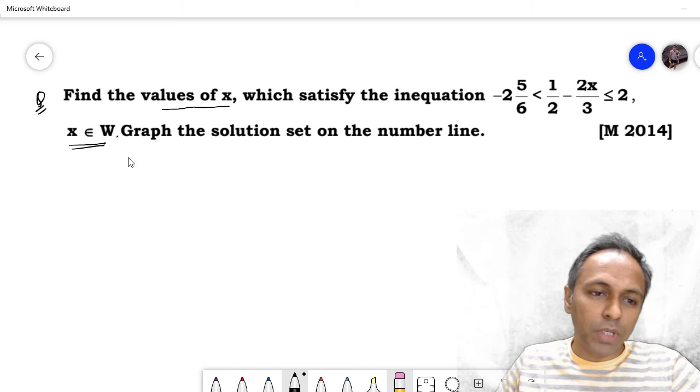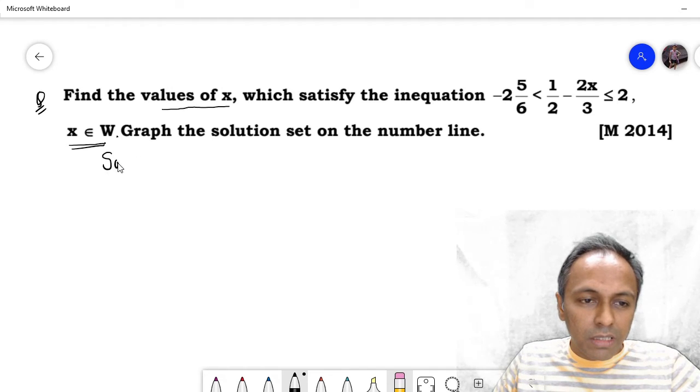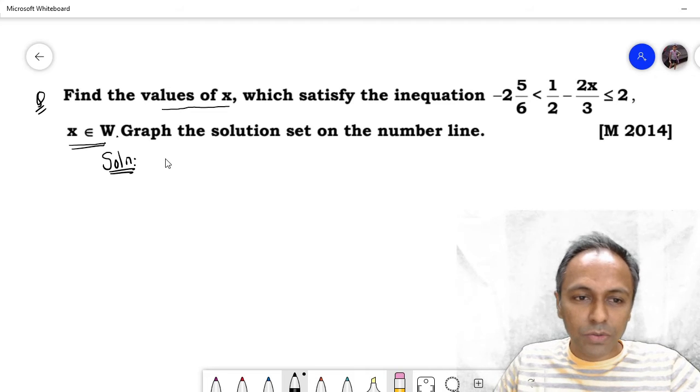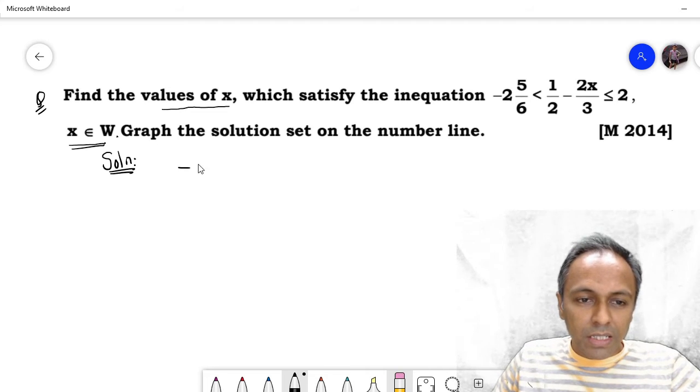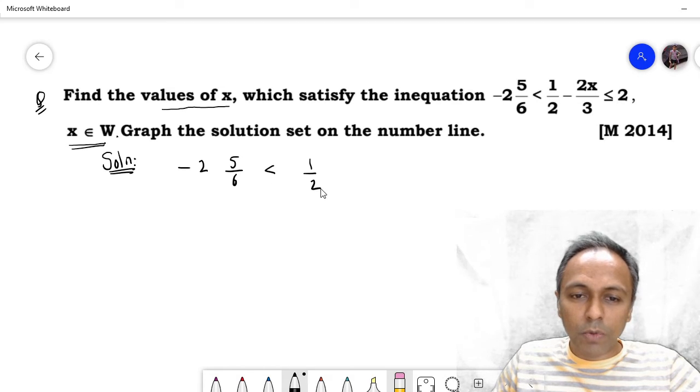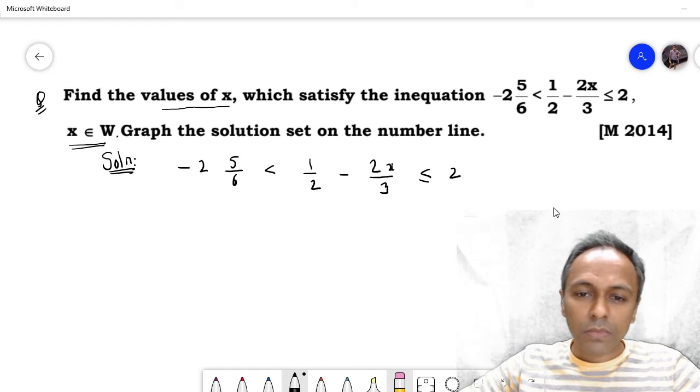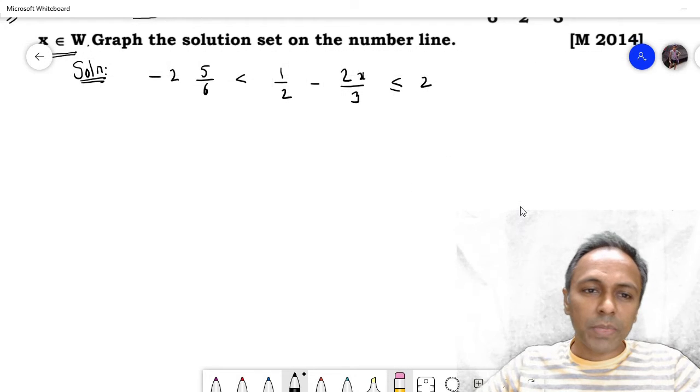ठीक है, I think ये आप लोग का भी concepts अच्छे ही है. तो let's solve this together. Let us write minus 2 5 upon 6 less than 1 upon 2 minus 2x upon 3 is less than or equal to 2. फिर क्या बात किया था हमने?